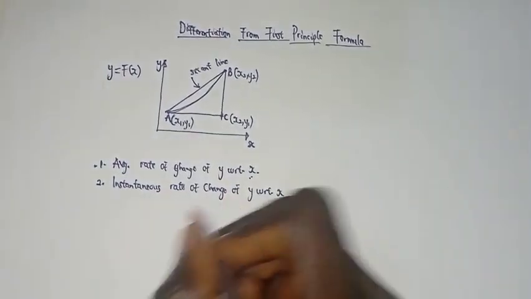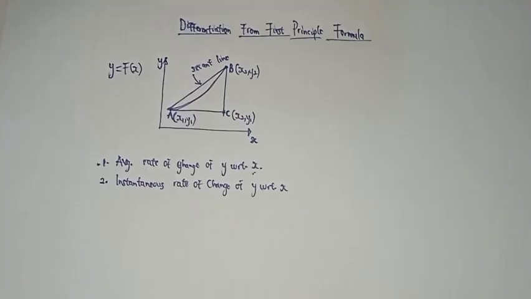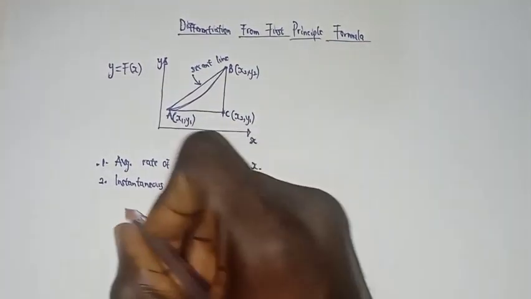Now the average rate of change can also be known as the gradient.